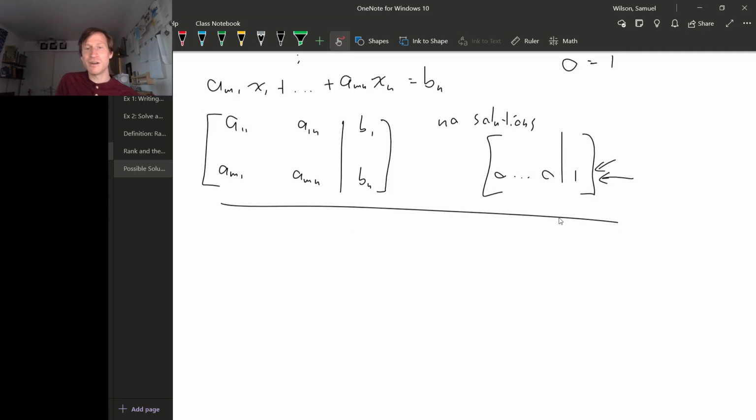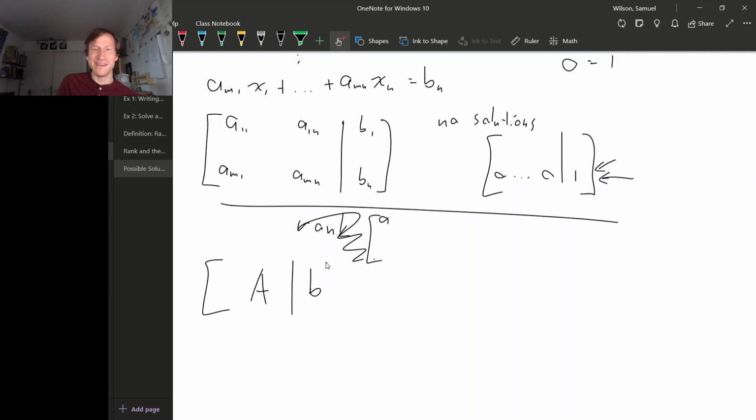Okay, so from now on, let's call this whole thing, because I'm tired of writing it out, A and then vertical bar B. So this is a shorthand for this entire augmented matrix. Now we can talk about the rank of this matrix, the rank of A vertical bar B, and let's call that rank r.